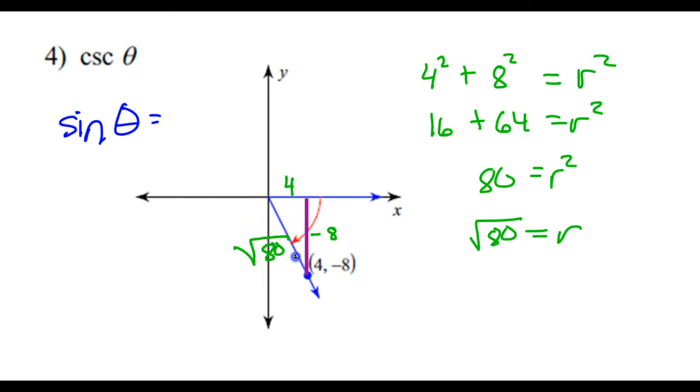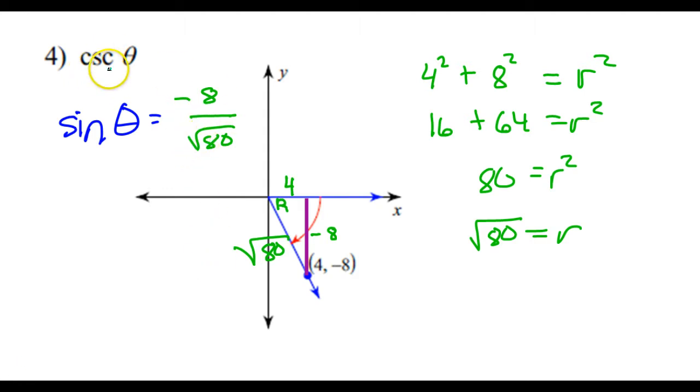Okay, so now that I have that, look at this reference angle. I can use this angle, ignoring the fact that this really would be negative, as long as I use these signs of the sides of the triangle, including the -8. So the sine of this reference angle, opposite over hypotenuse, would be -8 over radical 80. Now this is not going to be my final answer.